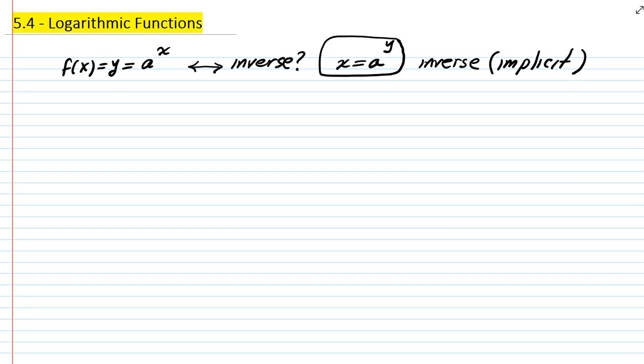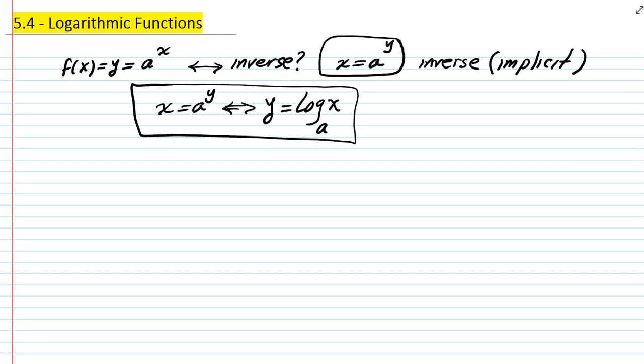Now at this point, we can redefine this inverse function as y equals log base a of x. The logarithmic form is simply another way to write the exponential equations.